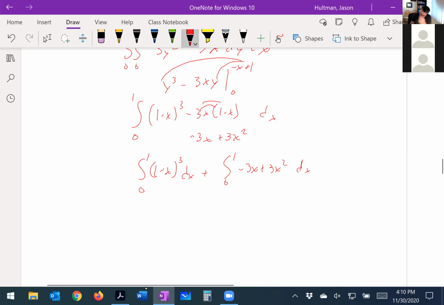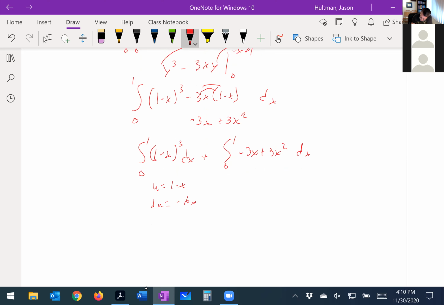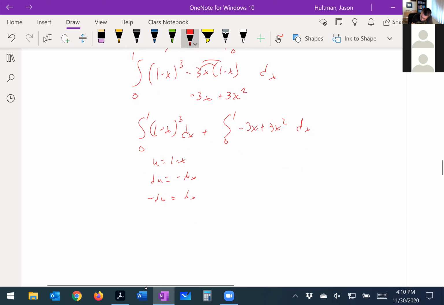Now we're going to do a u sub on this. u equals 1 minus x, du equals negative dx. So negative du is equal to dx.